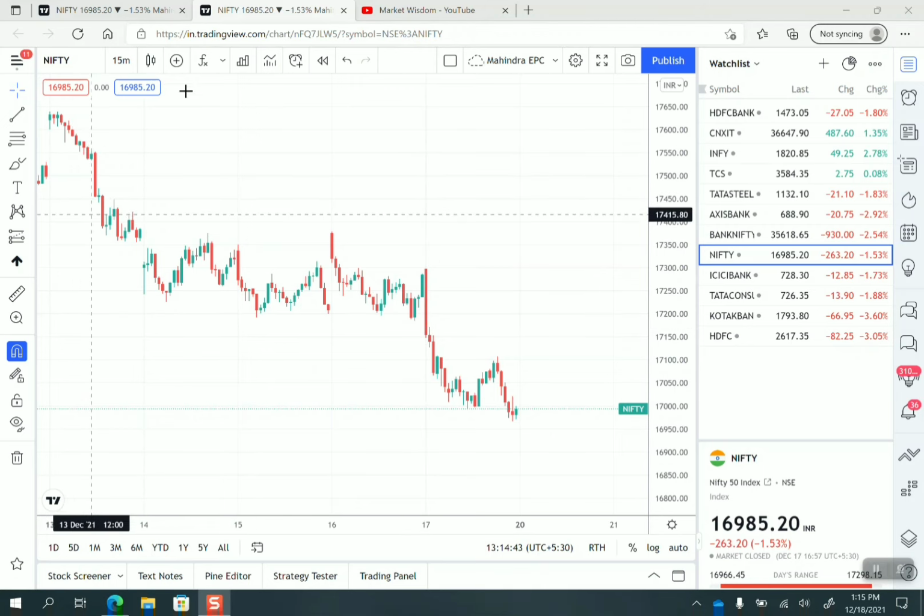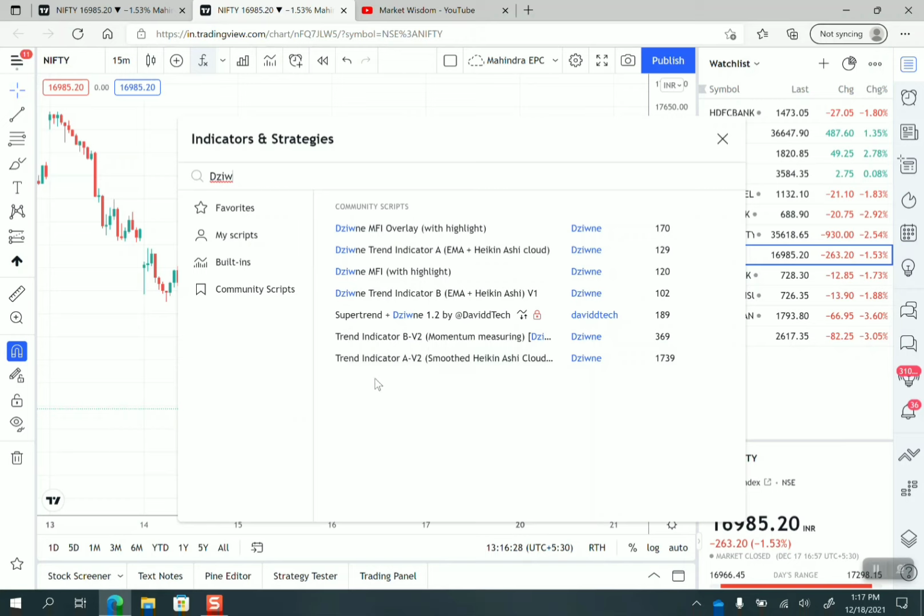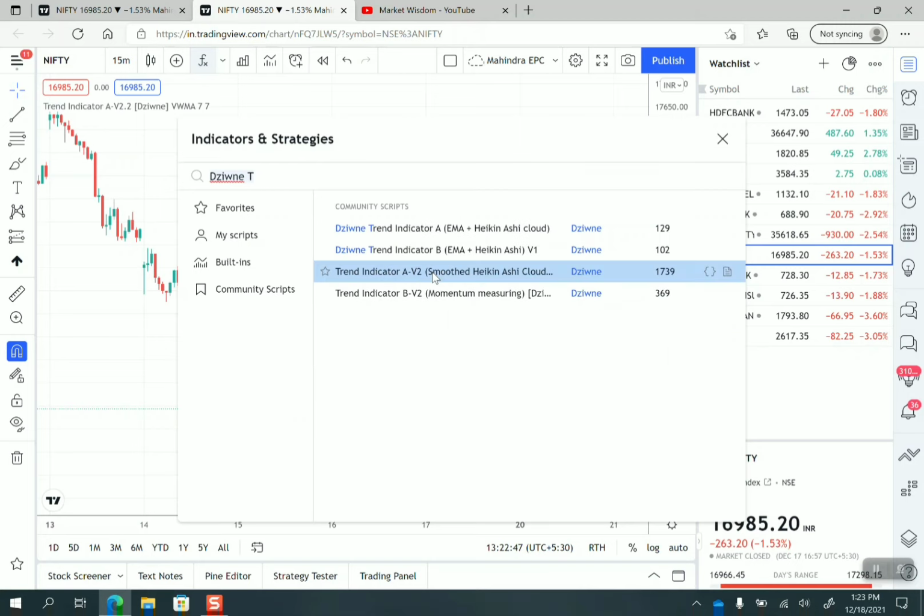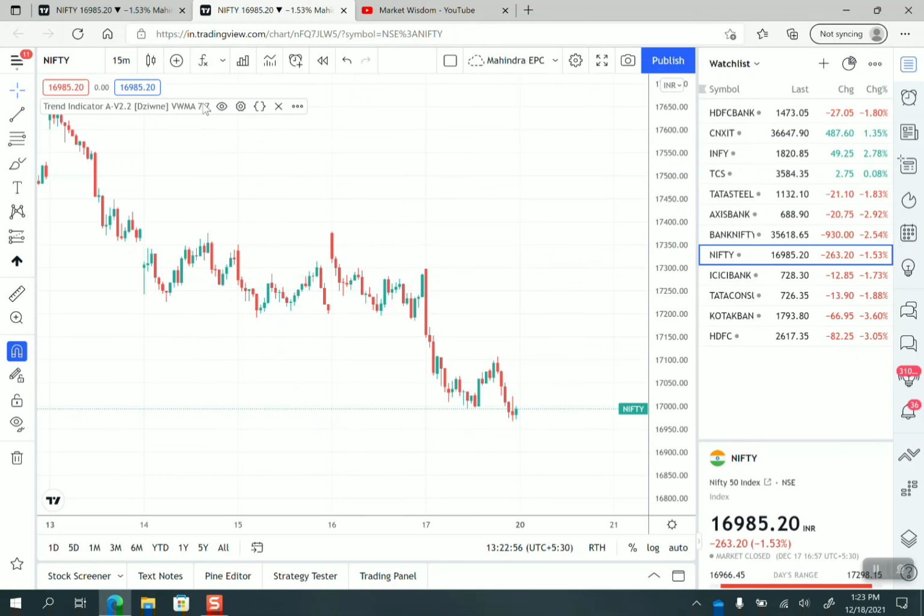The first indicator that I am going to add is the trade indicator AV2. You can search for it over here, the one with smooth. Once you select that, come here to the settings.